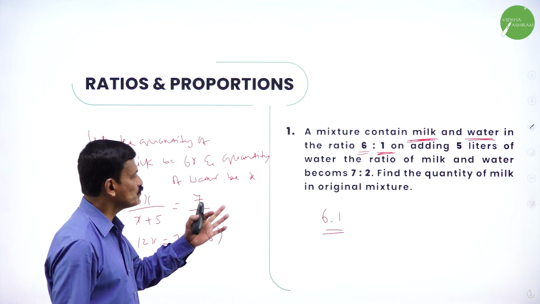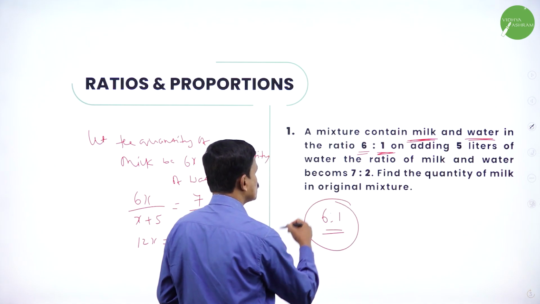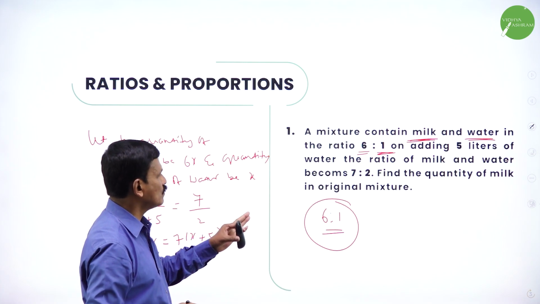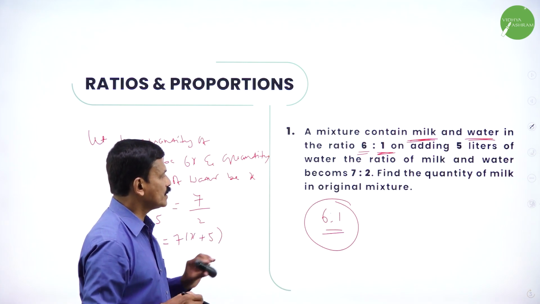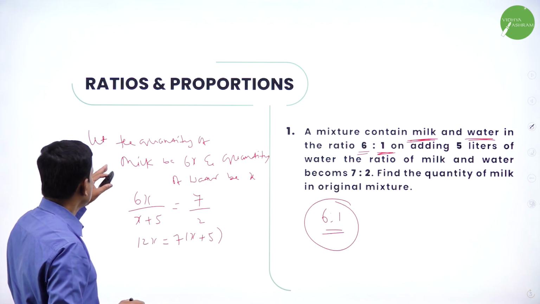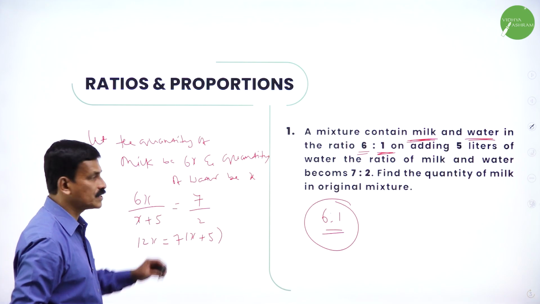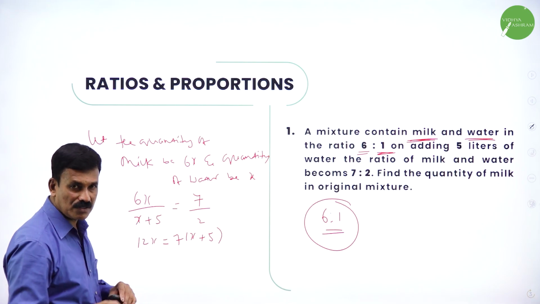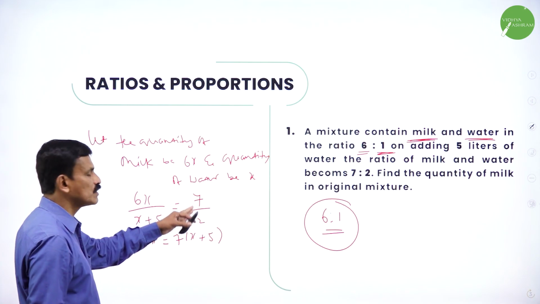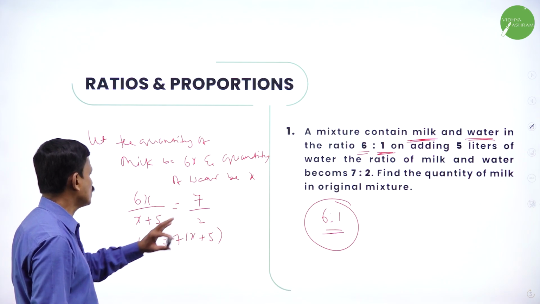Let me explain once again. A mixture contains milk and water in the ratio 6:1, and on adding 5 liters of water, the ratio of milk and water becomes 7:2. Find the quantity of milk in the original mixture. Let the quantity of milk be 6x and the quantity of water be x. By adding 5 liters of water, the ratio becomes 7:2, means 6x divided by x plus 5 is equal to 7/2.